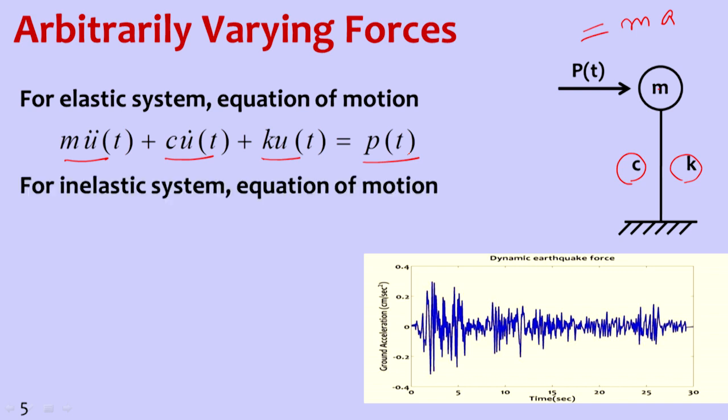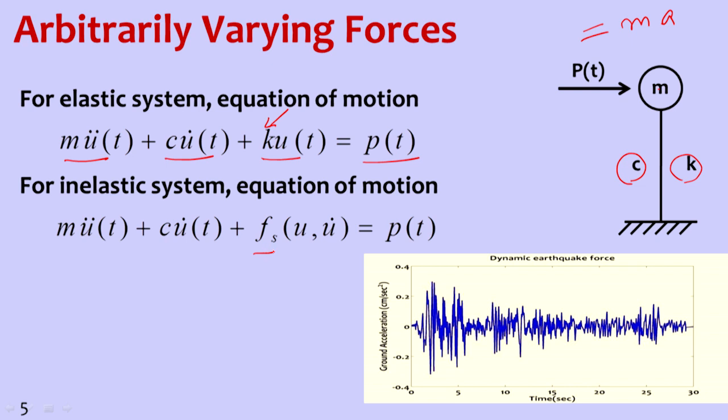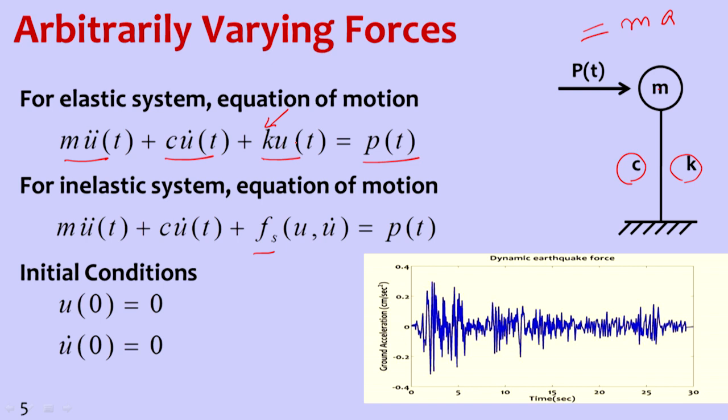In this one, the stiffness is elastic and force is random, whereas for an inelastic system, the stiffness force is dependent on displacement as well as velocity. Here it is dependent only on displacement. We can solve this one by using initial conditions, that is u0 is equal to 0 and u dot 0 is equal to 0.